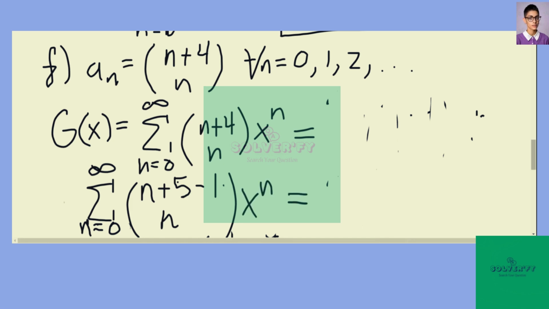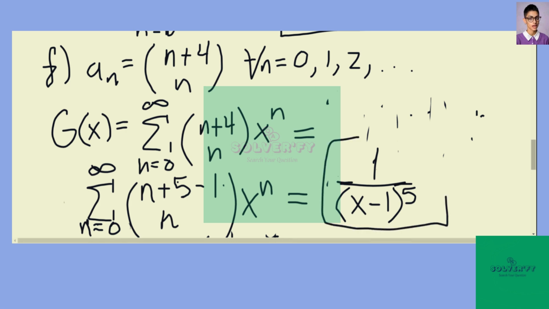We see that in the table this is going to be equal to 1 over x minus 1 to the 5th. Or instead of x minus 1, 1 minus x.